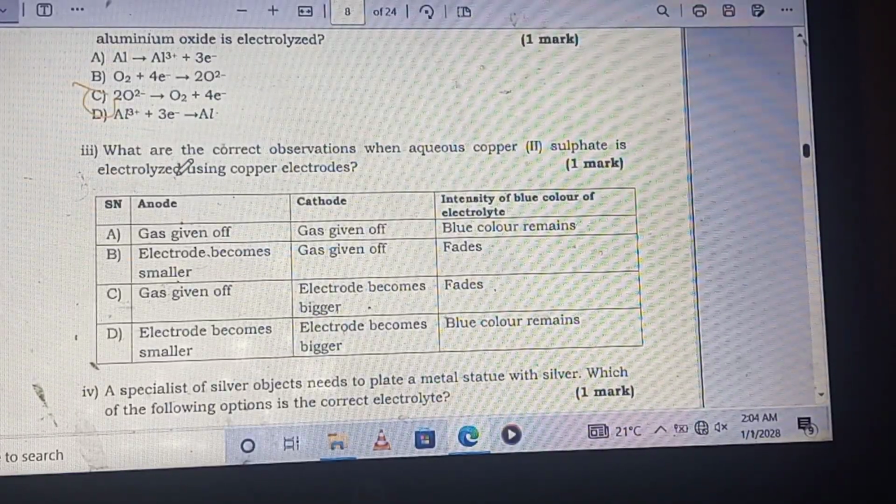III. What are the correct observations when aqueous copper(II) sulfate is electrolyzed using copper electrodes?